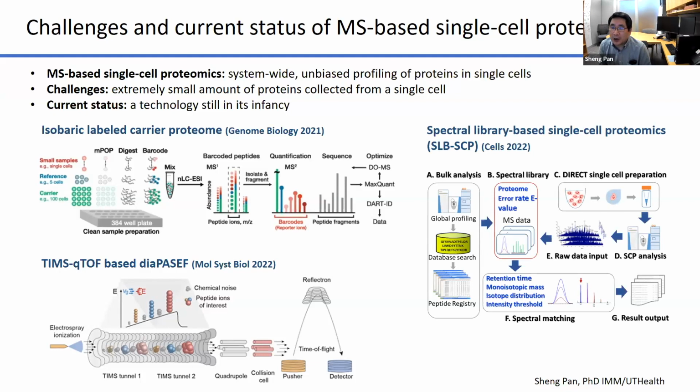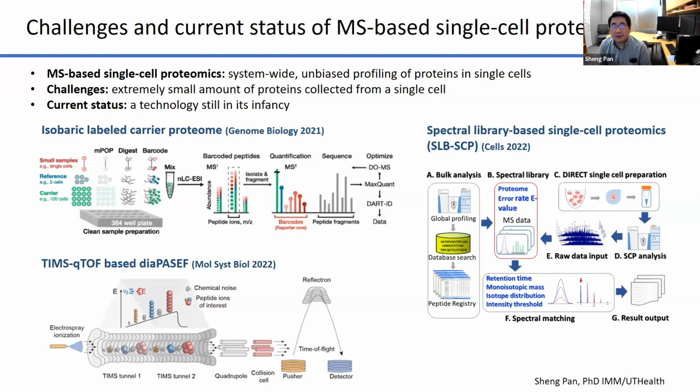We do the whole sample process in the LC-MS injection vial and then load it directly to the mass spec for analysis. Then we match the single cell data against the high quality spectrum library that we generated for peptide identification and protein quantification.